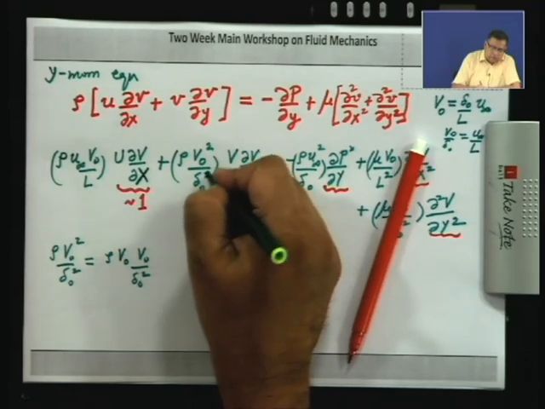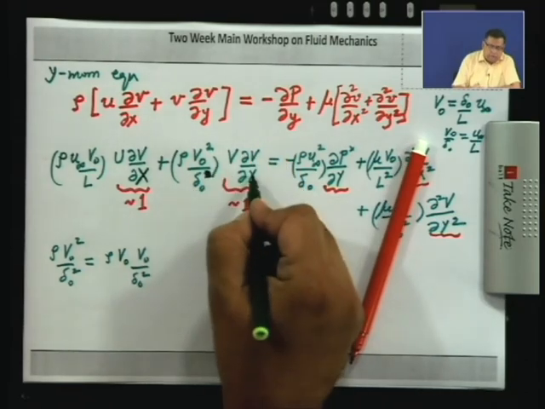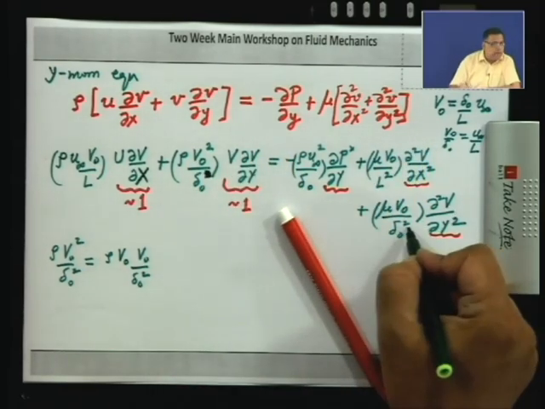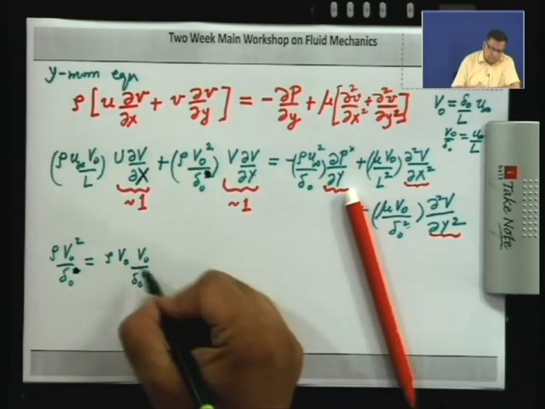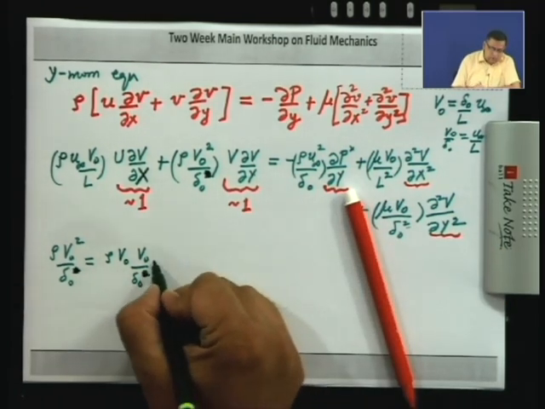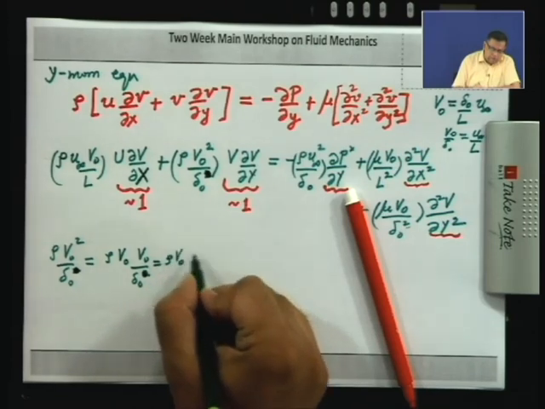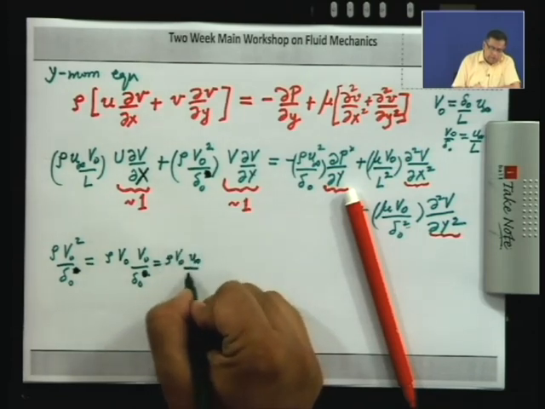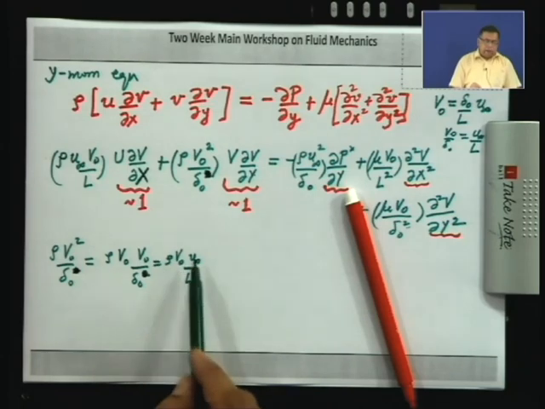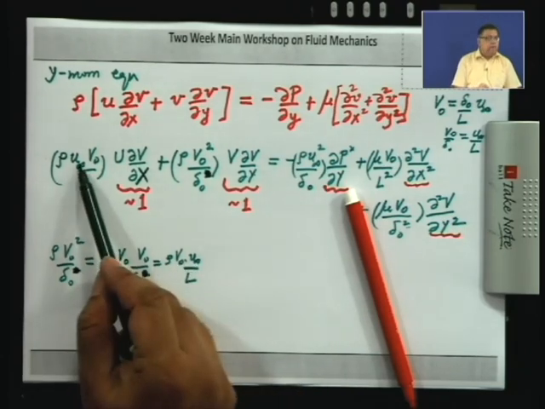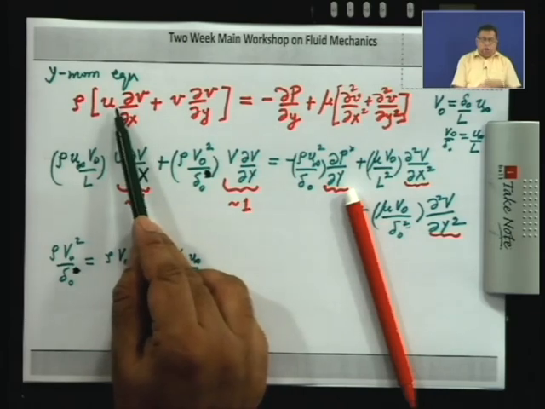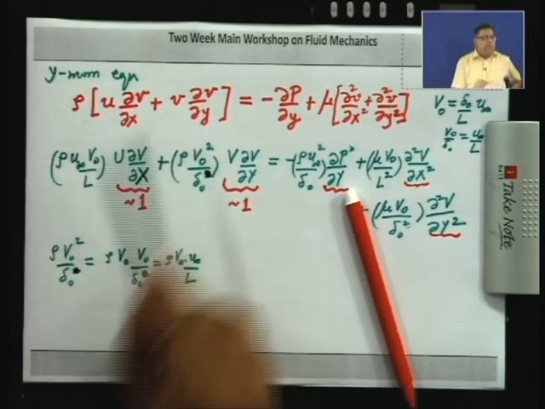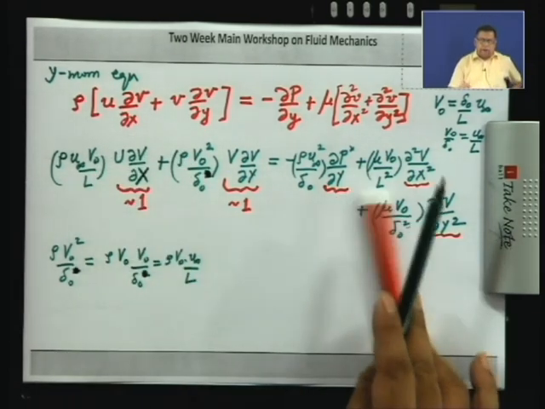This is not delta naught square, this is simply delta naught, because you have first derivative here. The delta naught squared is in the second term here. So, this is simply V naught square by delta naught. So, this we can write as rho V naught u infinity by L. So, you see that this quantity and this quantity, they are the same. So, that means again the first two terms on the left hand side are the same order of magnitude.